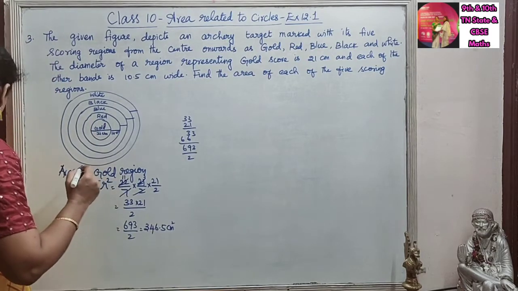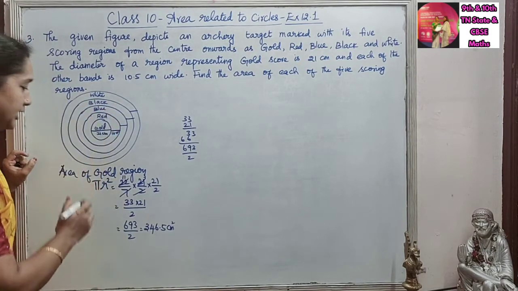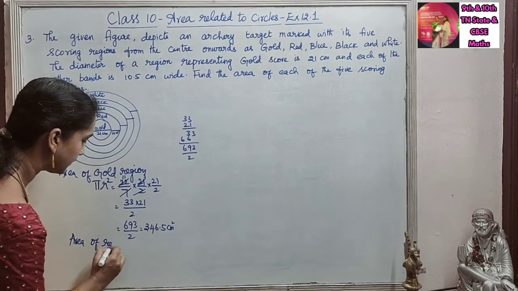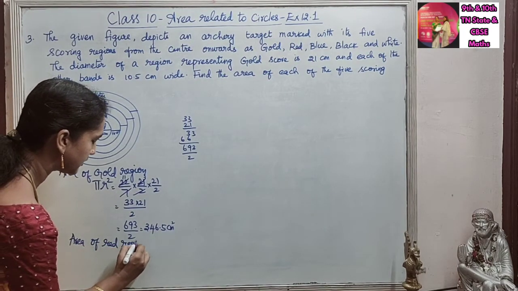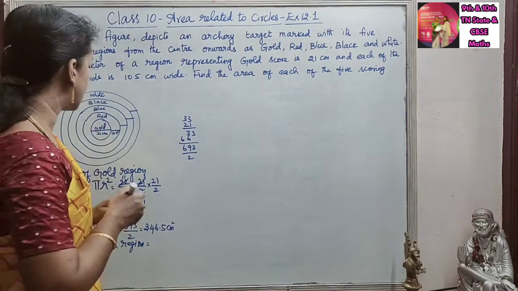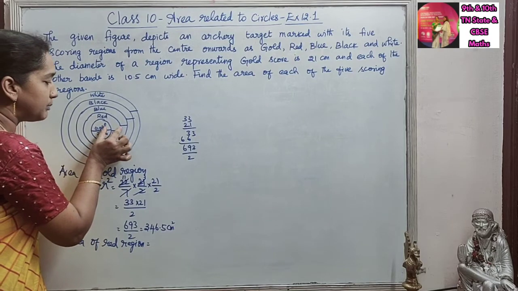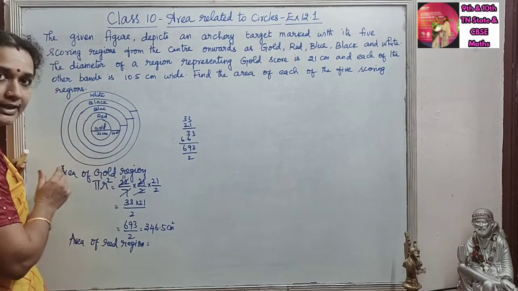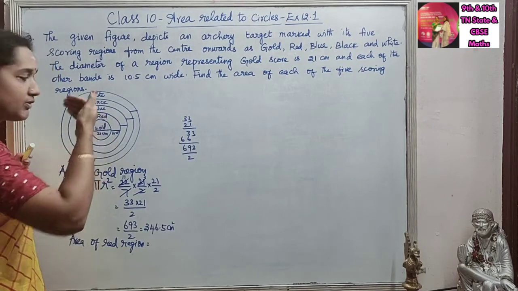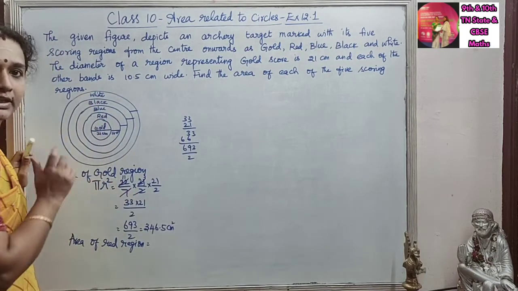Now we will find the area of the red region. Area of red region is, formula is same only, pi r square. So pi r square means it will be along with this gold radius. So first we will calculate the whole area, then we will subtract the gold part that already we have found.